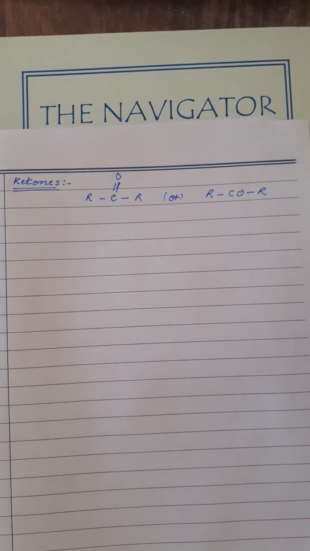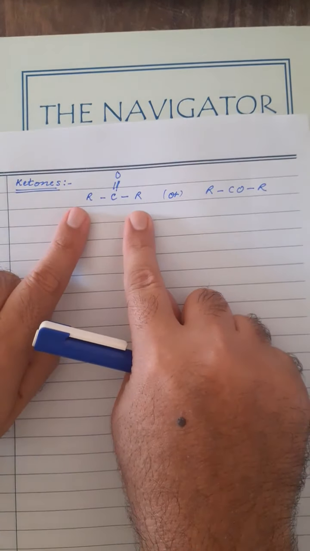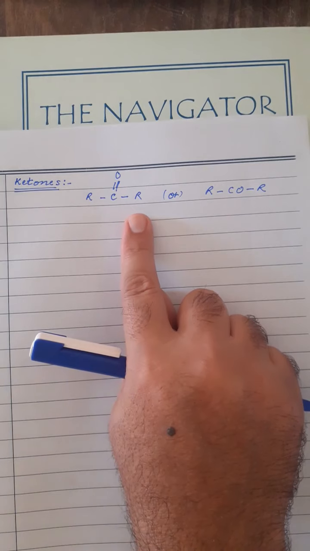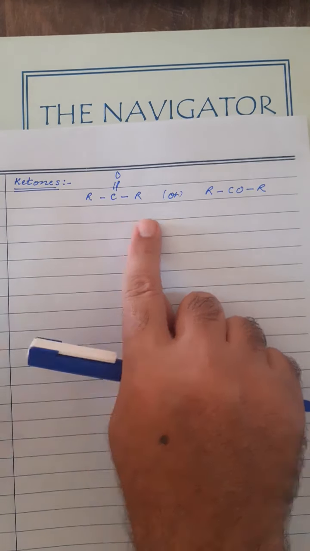These both are the general formula of ketones. All aldehydes follow their general formula except formaldehyde. But there is no such thing in ketones. All ketones follow this formula. The most basic ketone will be one in which both alkyl groups are smallest. And what is the smallest alkyl group? Is it ethyl? No, it's methyl.